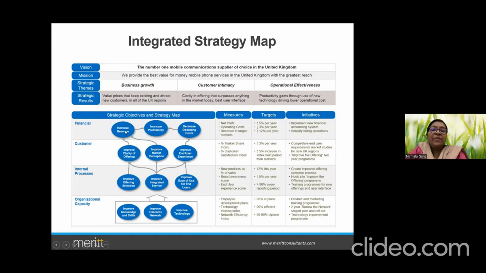For example, in the financial, increase revenue, increase profitability, etc. At learning and growth, improve knowledge and skills, improve the telecom network in terms of technology, etc. Now for all these, you have measures, targets, and initiatives. Can you give me a thumbs up that this is clear? Anuradha has given a thumbs up.